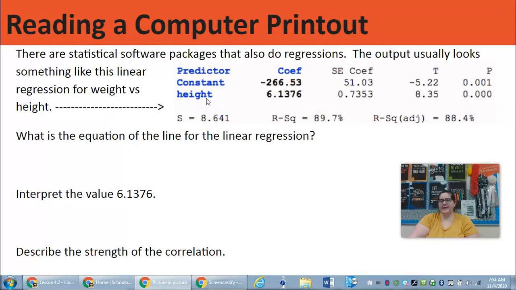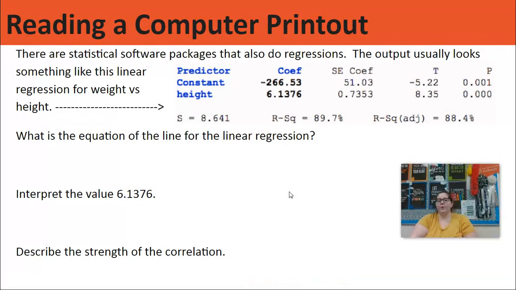Most of the time they'll tell you which one is x and which one is y. The number next to height is your slope. So 6.1376, that is the slope. The other number, most of the time labeled constant, is going to be your y-intercept.